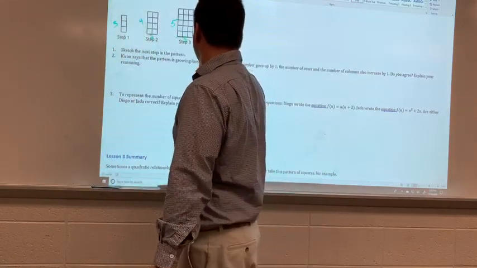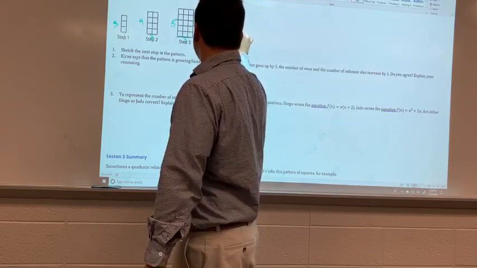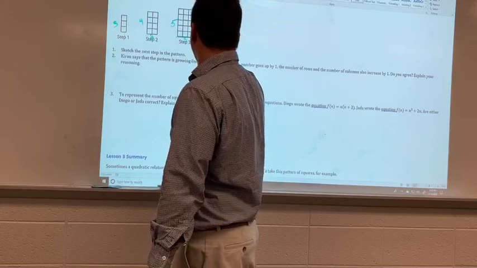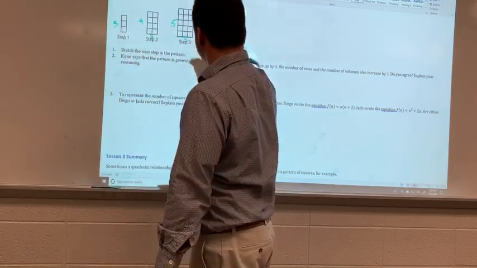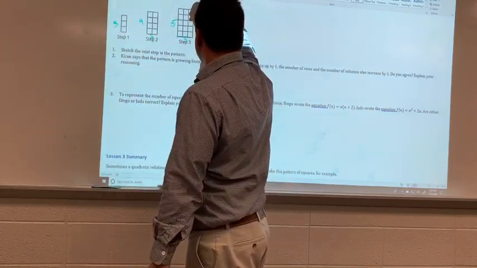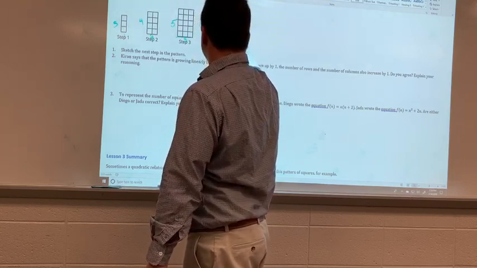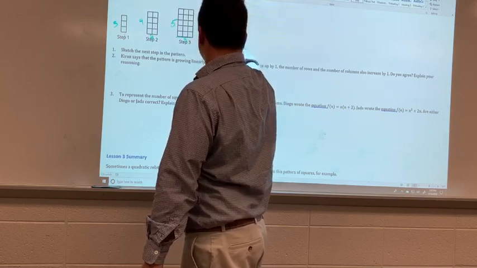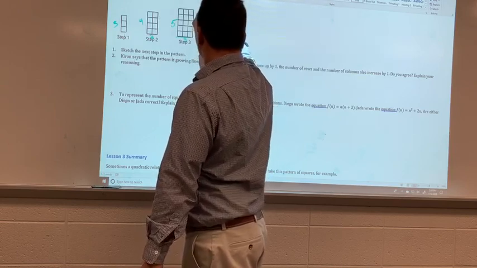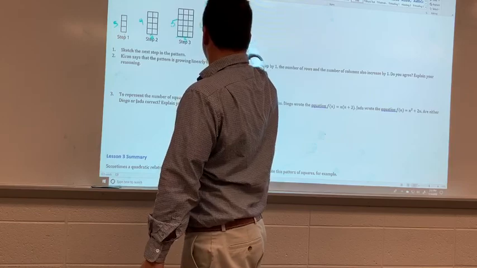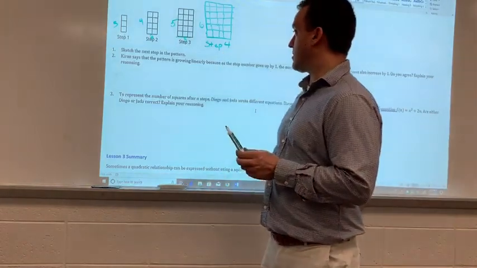So for step 4, if I were to draw this, I know that the base is 4, and then in looking at the pattern, 3, 4, 5, the height would be 1 more, which would be 6. So in drawing that, we would see it would be 4 by 6.